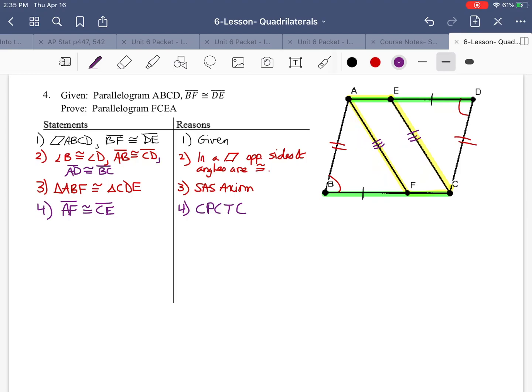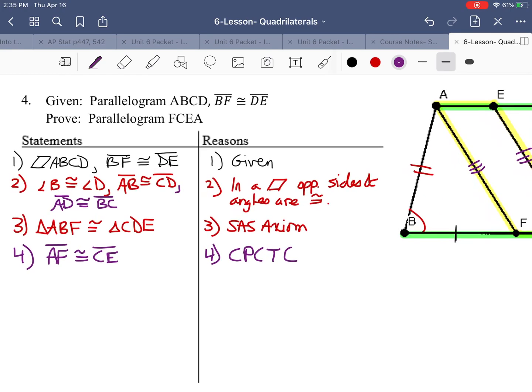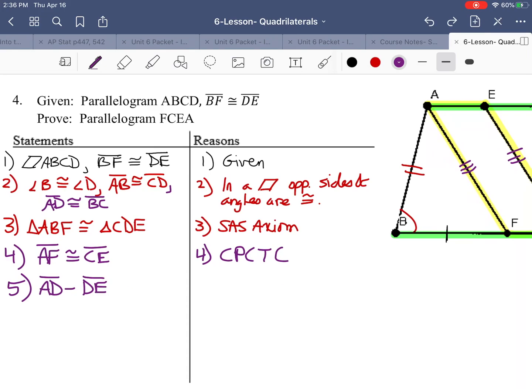So I know those two pieces of information, and so therefore I can use subtraction to show that AE and CF are congruent. All right, so I can now state that AD minus DE is congruent. Well, you know what?